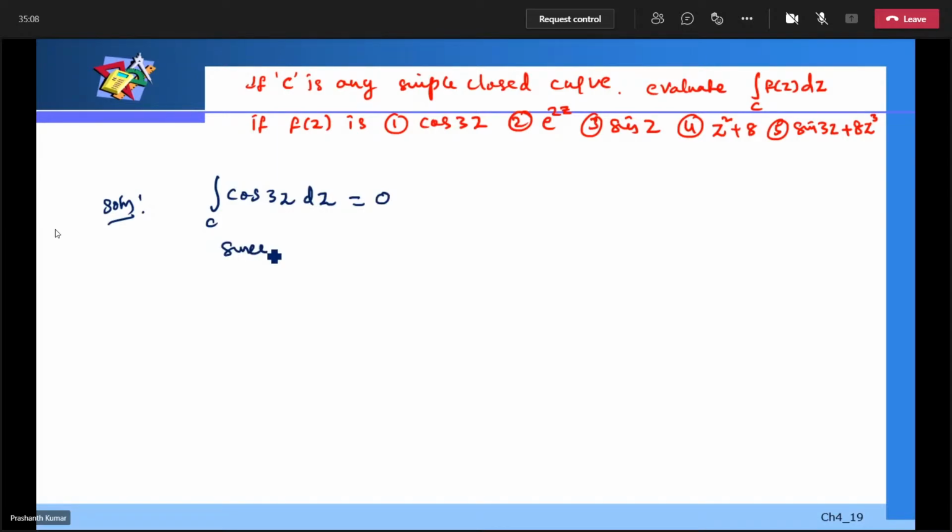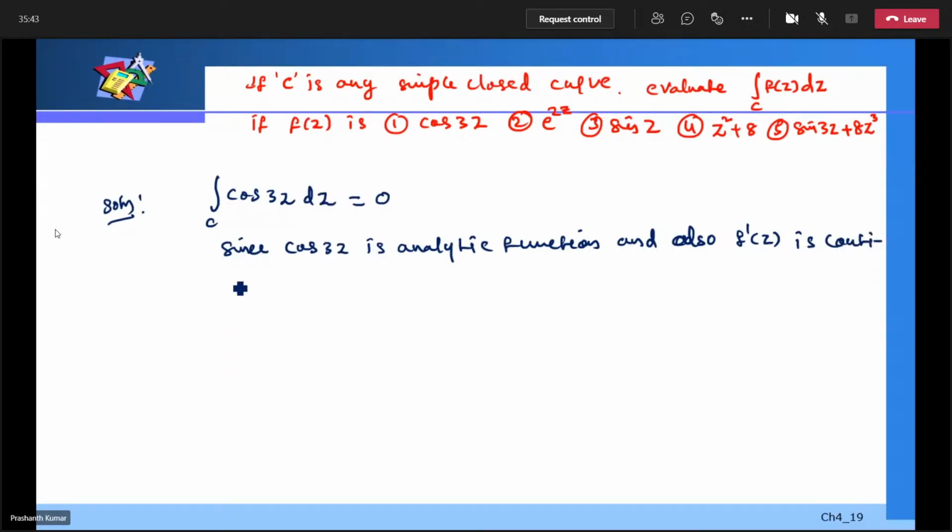Since cos 3z is an analytic function and f dash z is continuous, therefore by Cauchy's integral theorem the integral is 0.